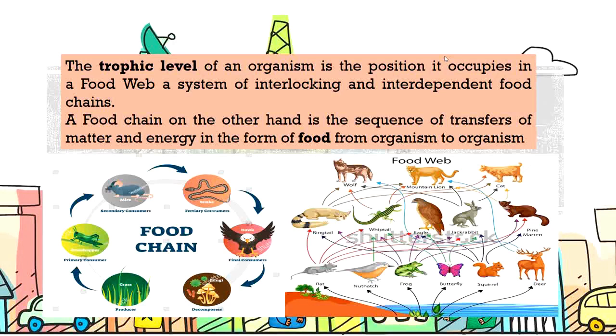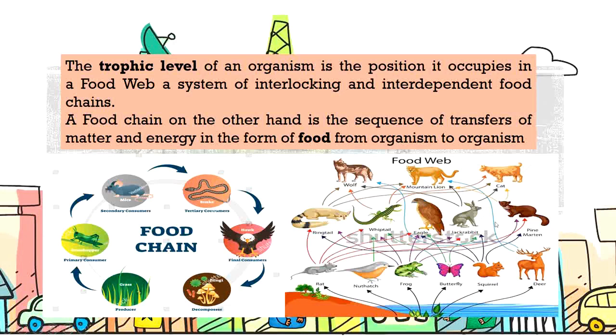As you can see in the picture on the lower right of the screen, there are tons of different animals and insects that eat each other. Depending upon where the arrow goes, that's what they eat. All right. So that's what it means. It's a food chain and a food web.